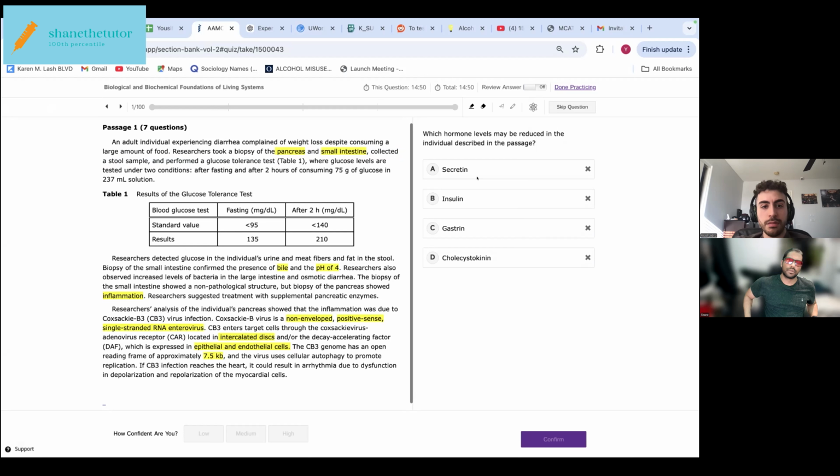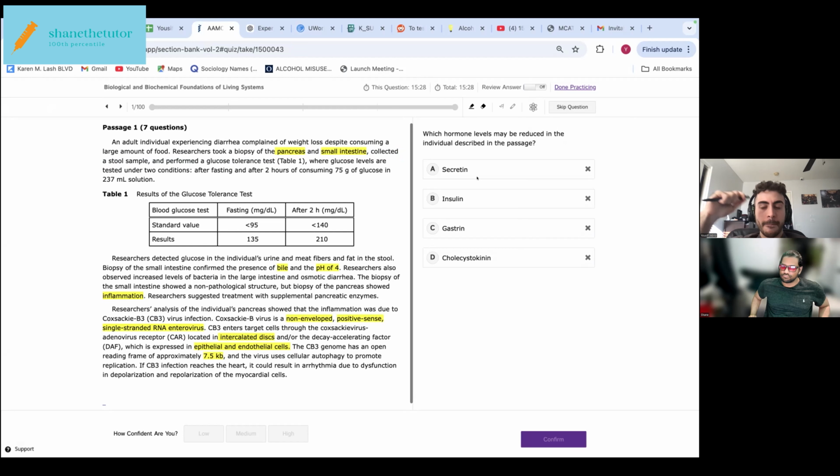It reduces blood glucose when blood glucose is high. But then it says which hormone levels may be reduced in the individual. If you're reducing insulin, it means you don't have high blood glucose. Well, tell me again what insulin does. It's released when you have high blood glucose. That's when it's released, but what does it do? It reduces blood glucose.